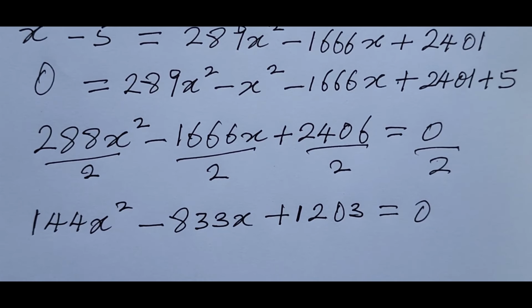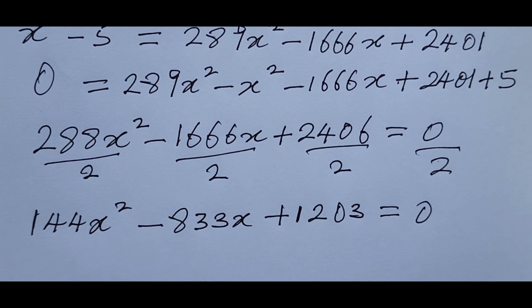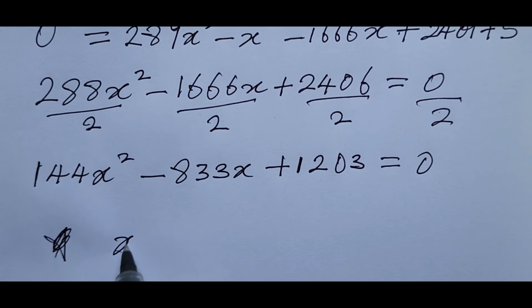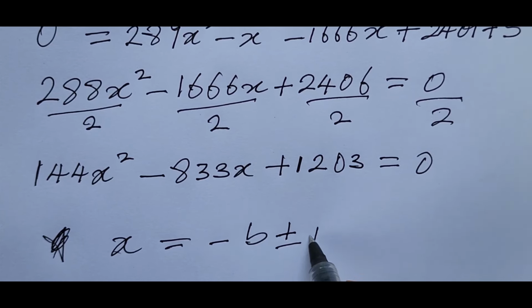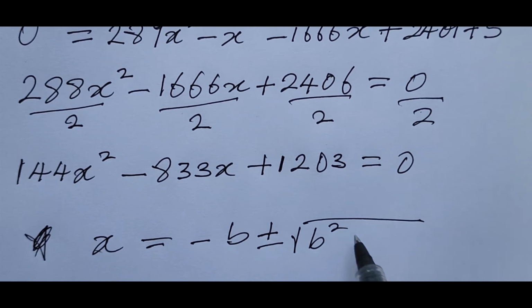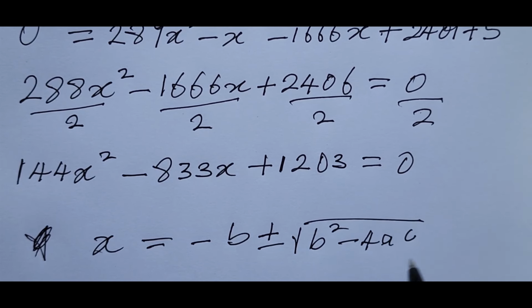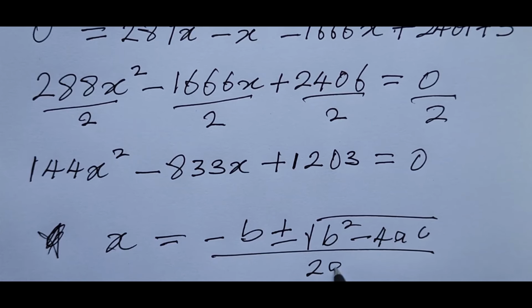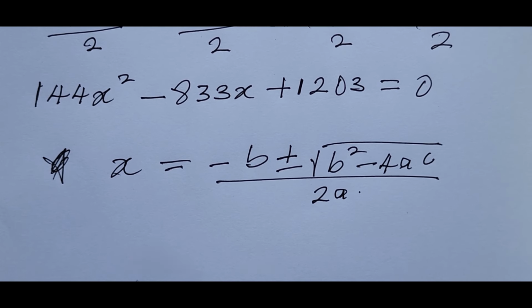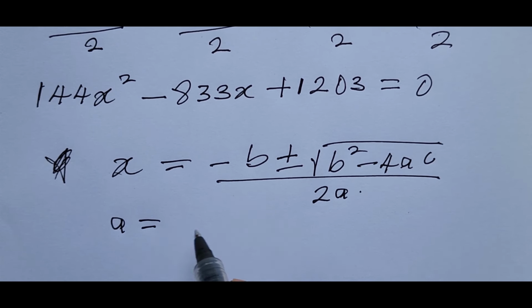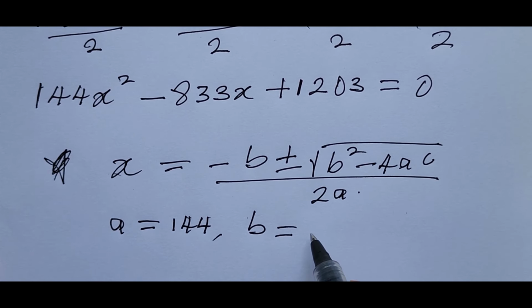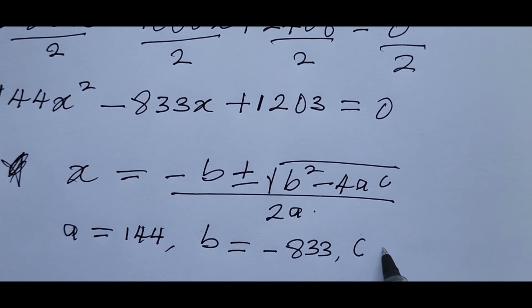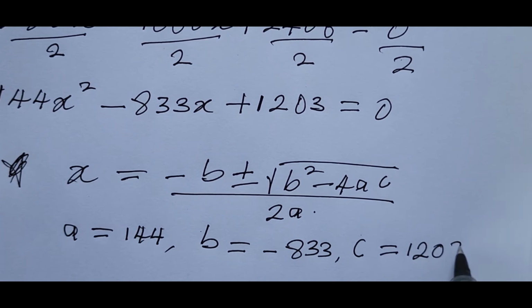So this is our quadratic equation. We're going to use the quadratic formula to solve this. We have x equals minus b, plus or minus the square root of b squared minus 4ac, all over 2a. So if we bring out the values of a, b, c, we have a equals 144, then b equals minus 833, and c, the constant term, equals 1203.